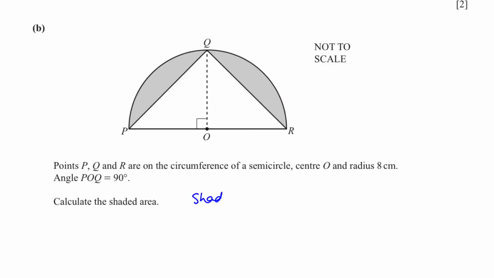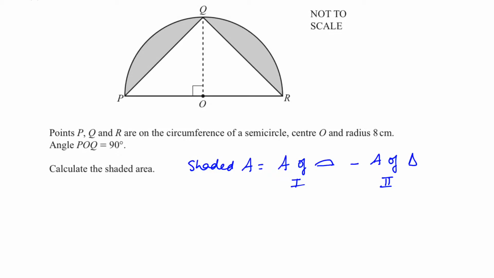Shaded area will equal the area of the semicircle minus the area of the triangle. So this we will label as 1 and this as 2. We know that the radius is 8. So this is 8 and this is 8. Also this line QO is 8.